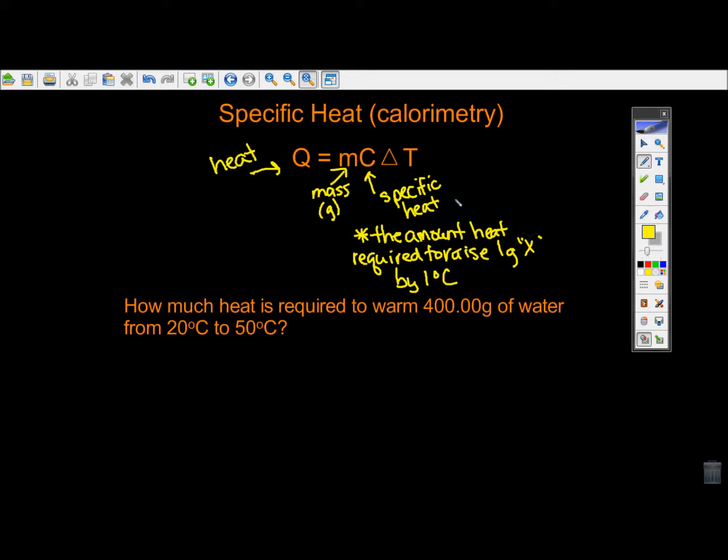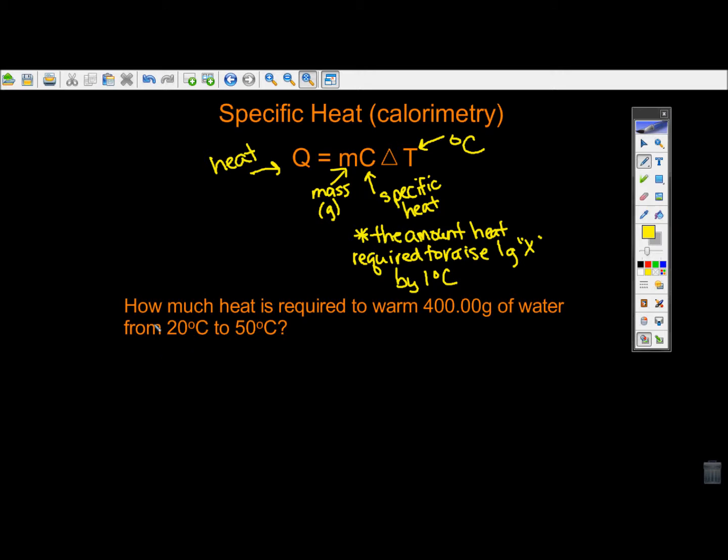Okay, that's what specific heat is. The amount of heat required to raise 1 gram of something by 1 degree Celsius. And then you multiply that by change in temperature. And your temperature is always going to be in degrees Celsius. So do not convert to Kelvin. We're going to use Celsius for thermodynamics.